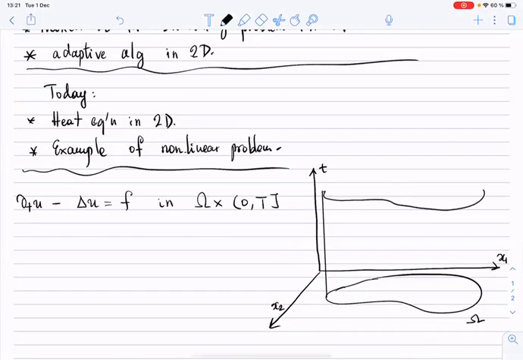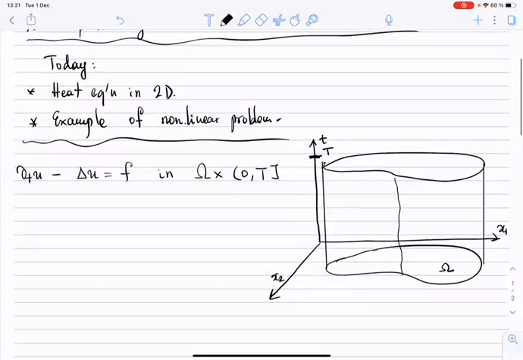Omega is like this, something like this cylinder. So here we have omega in the x-axis. Then we have this time. So it moves all the way to time capital T. And inside this domain, so it's going to be space-time domain.